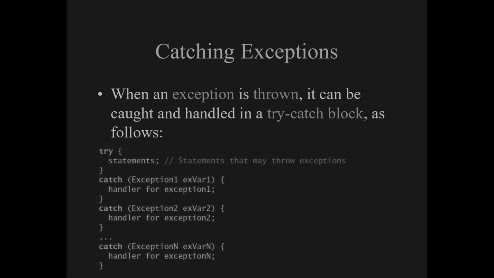if it's inside of a try-catch block, for example, this structure, you put try, and then within the try block, you put multiple statements. If the statements run into some problem, they throw an exception.